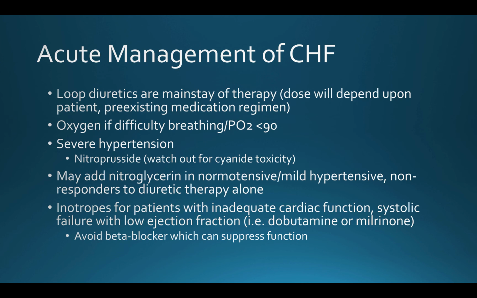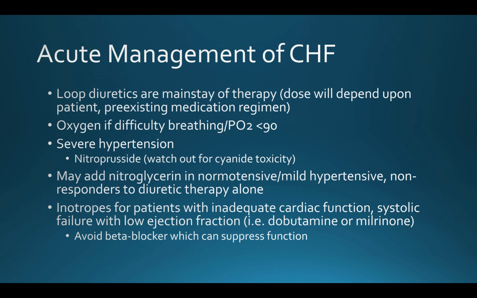Oxygen, if we've got low O2 saturations. If we've got severe hypertension in the acute CHF setting, you may see nitroprusside. Important to watch out for cyanide toxicity there. Again, it depends upon that blood pressure and where we're at with that. If you push in the diuretics and you're not seeing much response, depending upon that blood pressure, if it's severe hypertension, again, you may see nitroprusside.